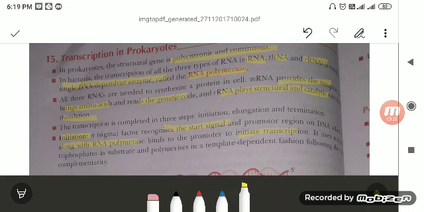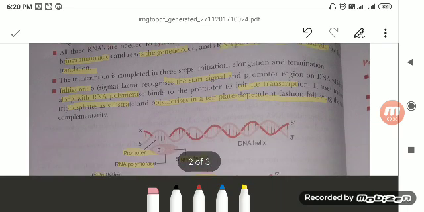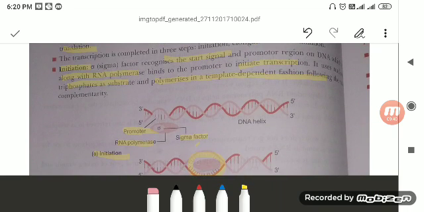It uses nucleoside triphosphates as substrate. It may be adenine, guanine, cytosine, and uracil, and polymerizes in a template dependent fashion following the rule of complementarity, that is A will go with U, T will go with A, G with C, C with G.